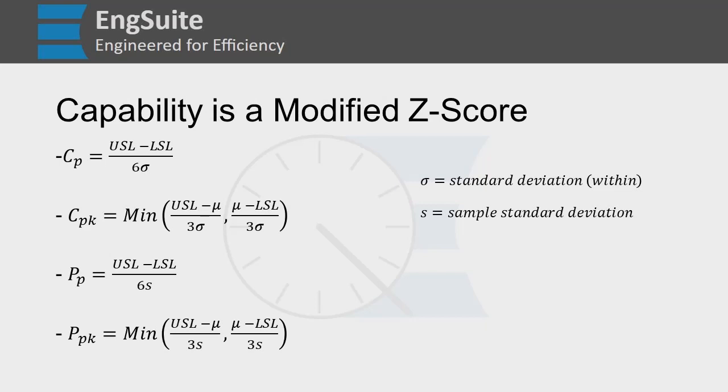So what's the difference? Why are we calculating these slightly different? Well, you'll notice the difference between the C's and the P's is because of this sigma and this S. The sigma stands for your within standard deviation, which is a beast. It's not that bad to calculate, but it sure isn't fun like the sample standard deviation, because this involves some unbiasing constants.